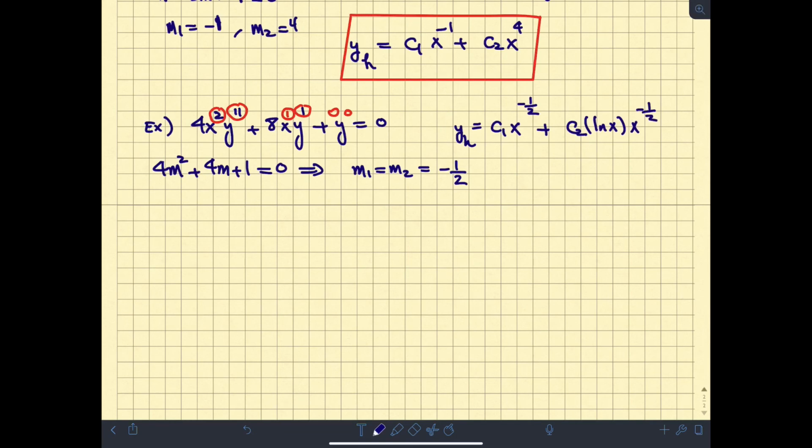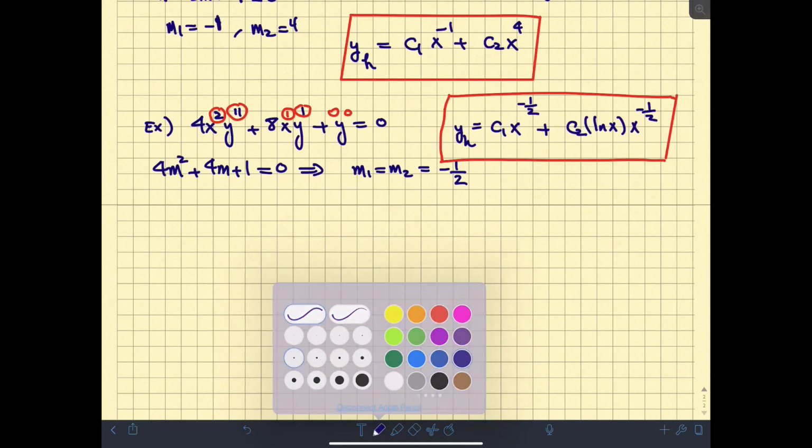And that becomes my homogeneous solution. So I'm going to put this in a box. And that becomes my homogeneous solution for the repeated root case. And now we'll move on to our third example.